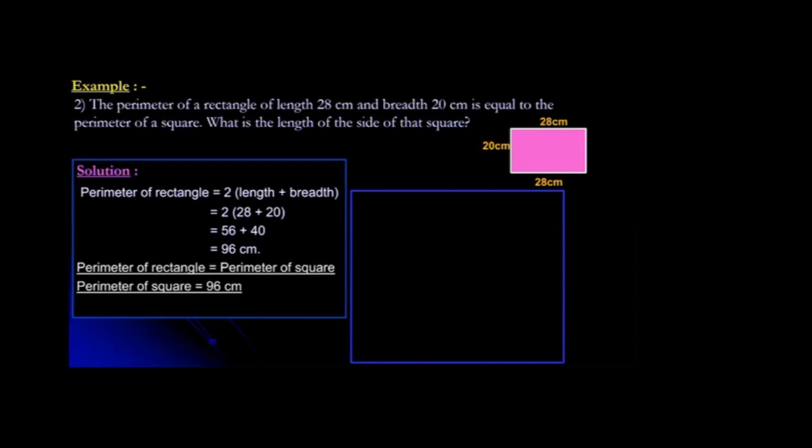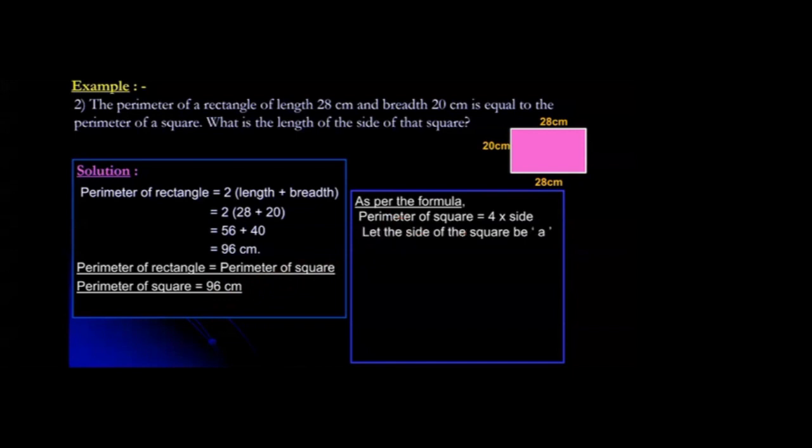Now children, we got the perimeter of square, as the perimeter of rectangle and square are equal to each other. So as per the formula of perimeter of square, 4 multiplied by side. See children, now perimeter of square we have got. It is 96 centimeter. And as per the formula, we will substitute the value of perimeter of square in this equation.